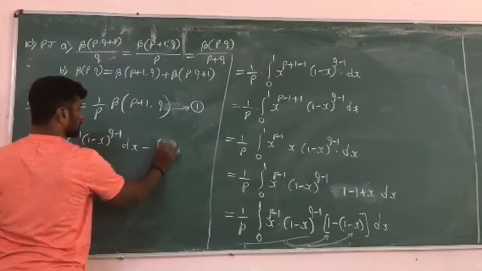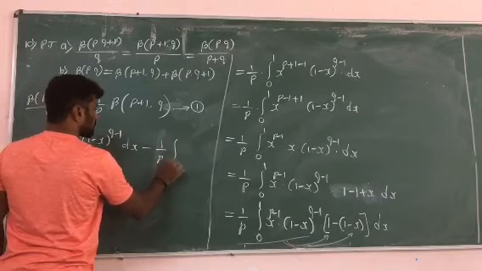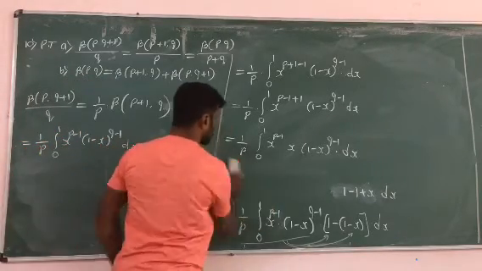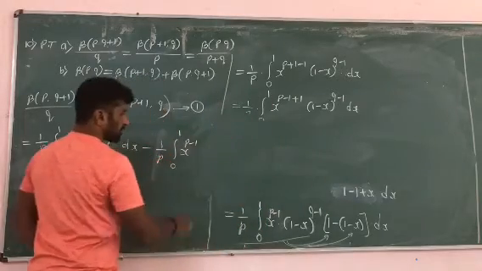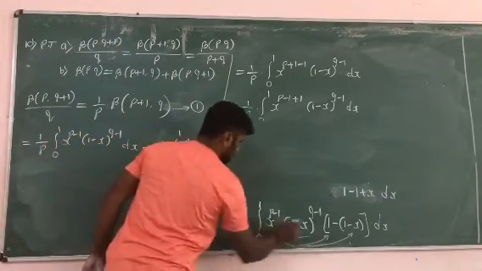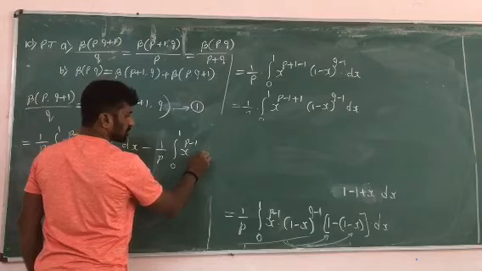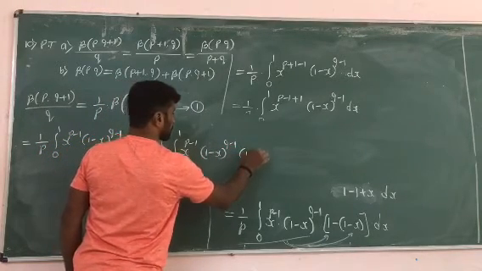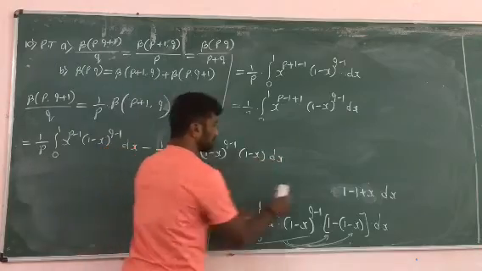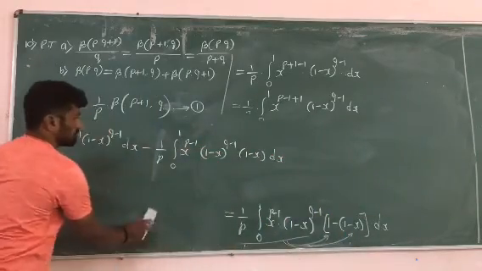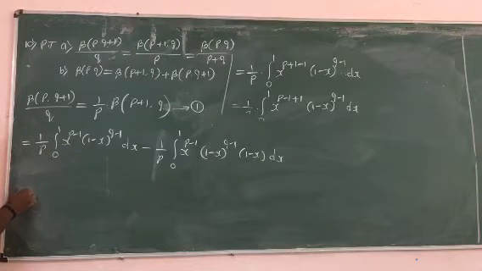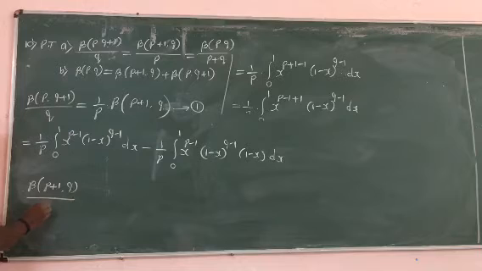Integration of 0 to 1 by p, integration of 0 to 1 x raised to p minus 1 into 1 minus of x raised to q minus 1 into 1 minus of x into dx. Here. So then simplify this. So LHS part, it is beta of p plus 1 comma q divided by p.